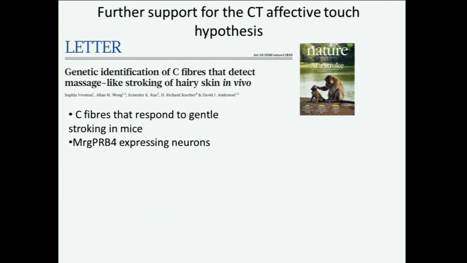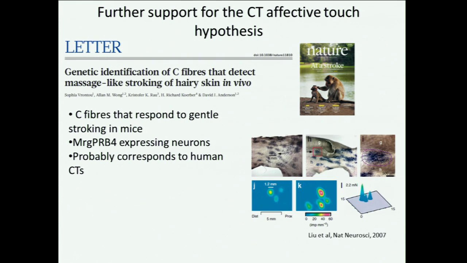And they are MRGPRB4 expressing neurons, and they may probably correspond to human CTs, and they have the same receptive field organization as the human CTs have. This is the data Johan was showing with the different hotspots of individual C-tactile units, and the receptive field structure resembles the receptive field structure of the MRGPRB4 expressing neurons.